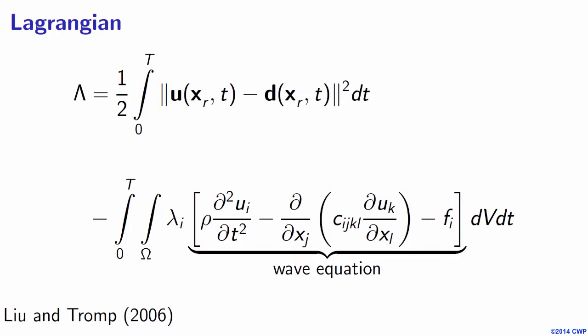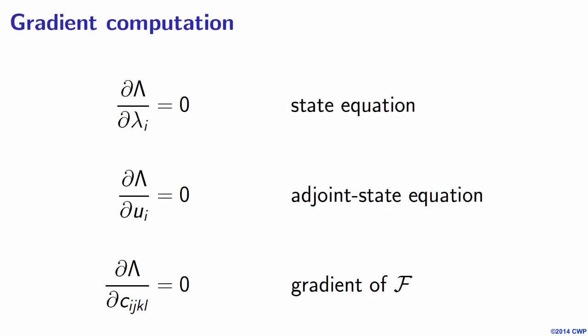These perturbations result in a perturbation in the Lagrangian, and then what we do is we find the relationship between the variation in the Lagrangian with respect to the variation in the Lagrange multipliers lambda i, the C_ijkl, and the model wave field u_i.